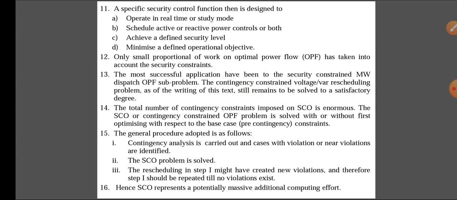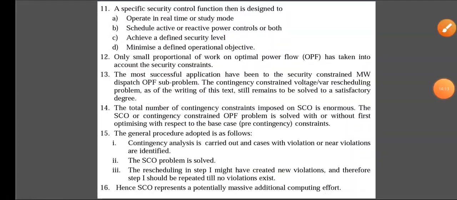Now the next point is that a specific security control is designed to operate in real time or study mode.